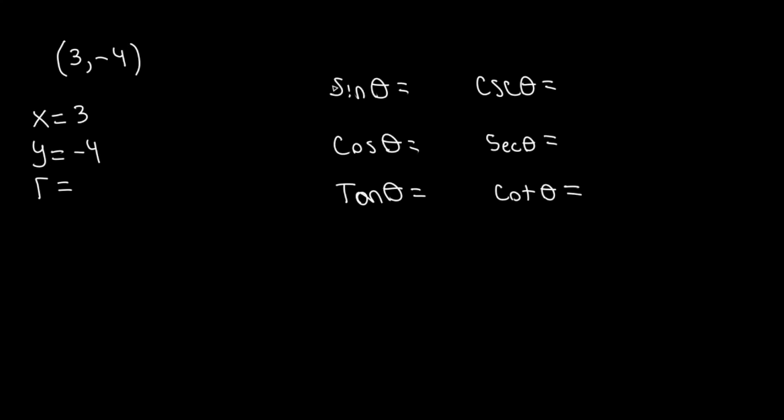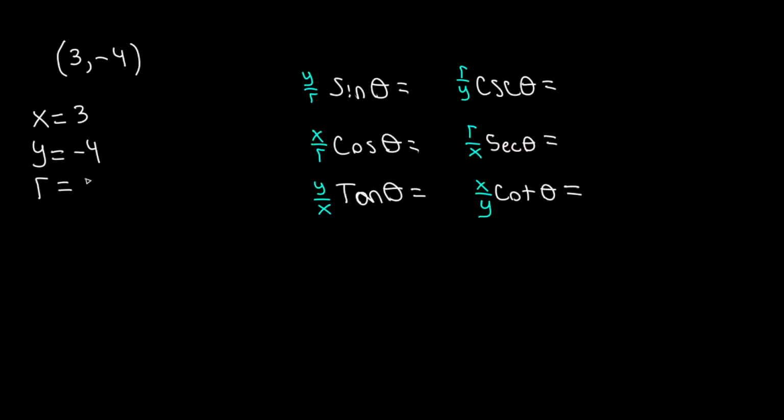Now, if you remember, sine is y over r. Cosecant is the opposite. It's r over y. And this is just what I do to remember it. Cosine would be x over r. Secant would be the reciprocal, r over x. Tangent is y over x. And cotangent is the reciprocal tangent, which would be x over y.